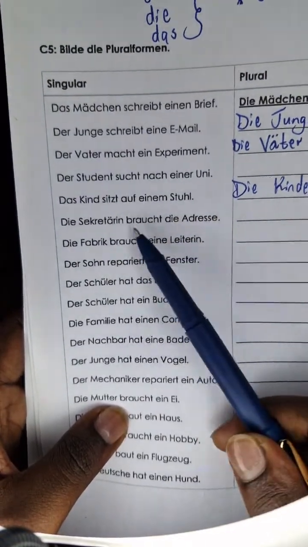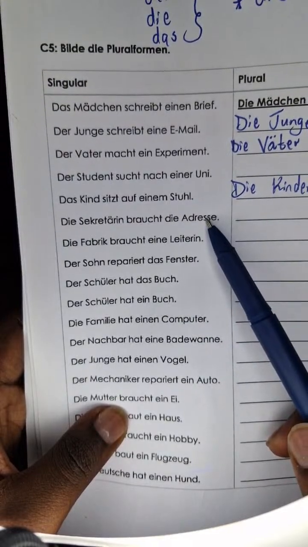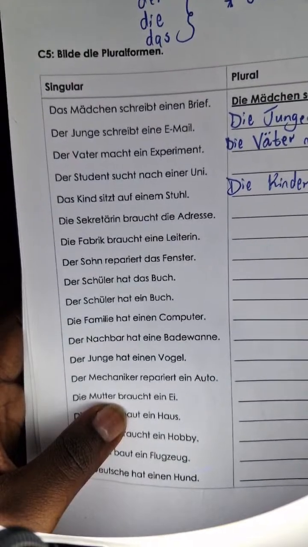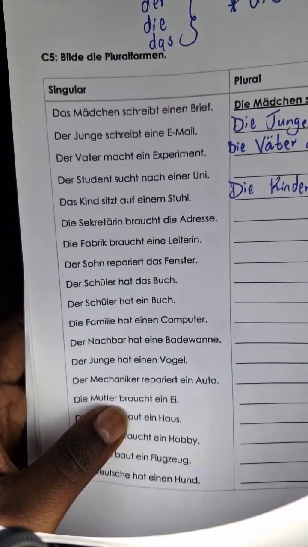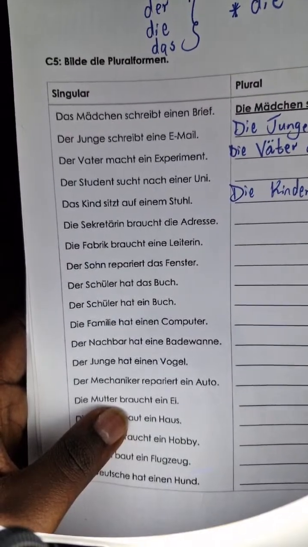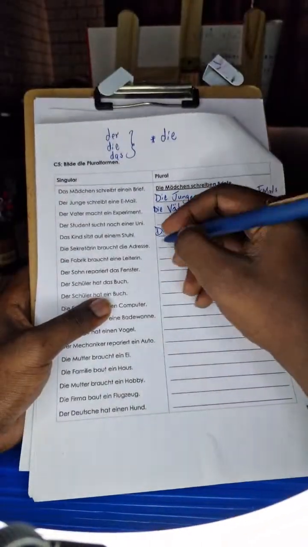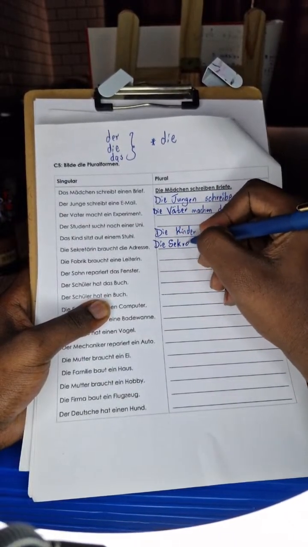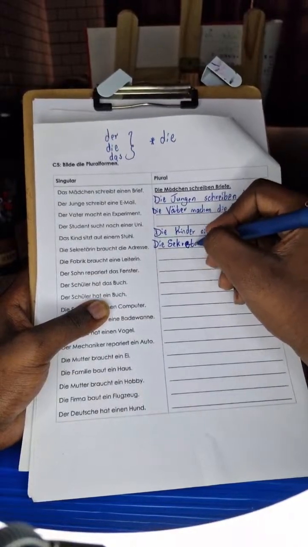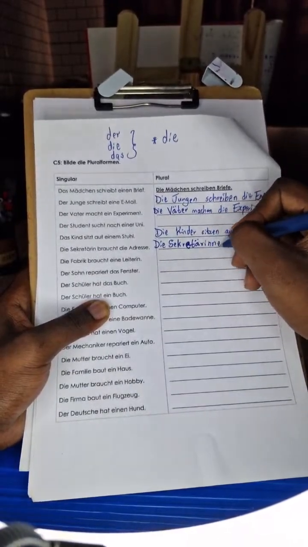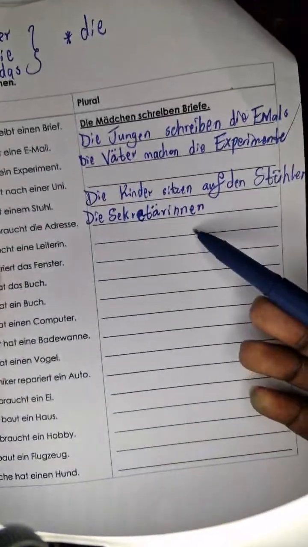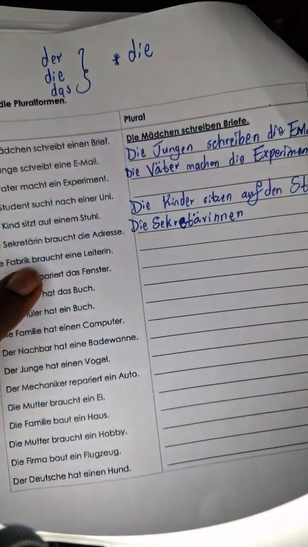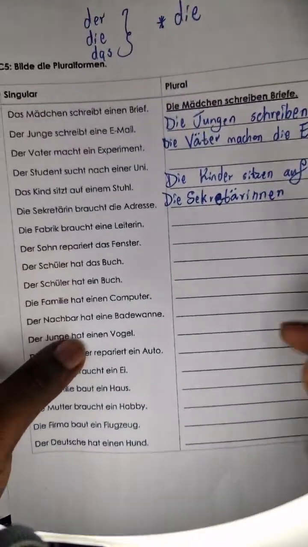Now I could say, die Sekretärinnen brauchen die Adressen. Sekretärinnen, double N-E-N at the end. Die Sekretärinnen brauchen die Adressen.